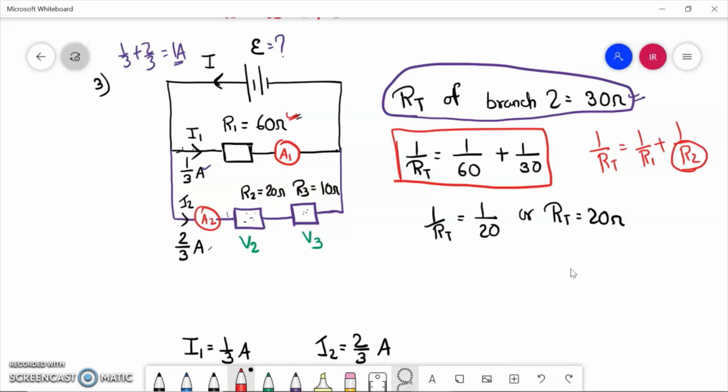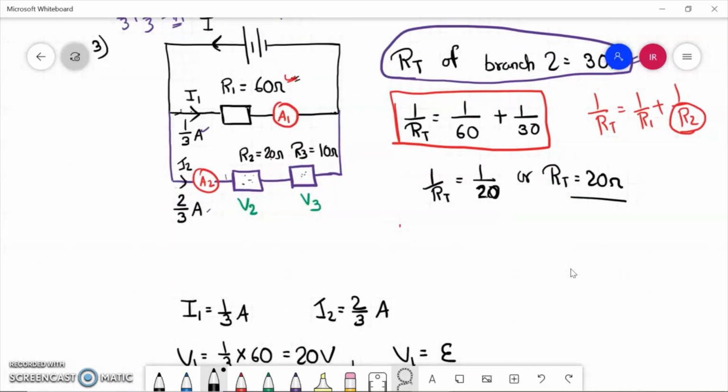If someone does it like 1/RT equals 1/60 plus 1/20 plus 1/10, this is completely wrong, because these two resistors, 20 and 10, are not in parallel. So first you add them up to find the total resistance of 30 ohms, and then use it in the parallel formula. You will find the total resistance comes to be 20 ohms, so RT is 20, right?